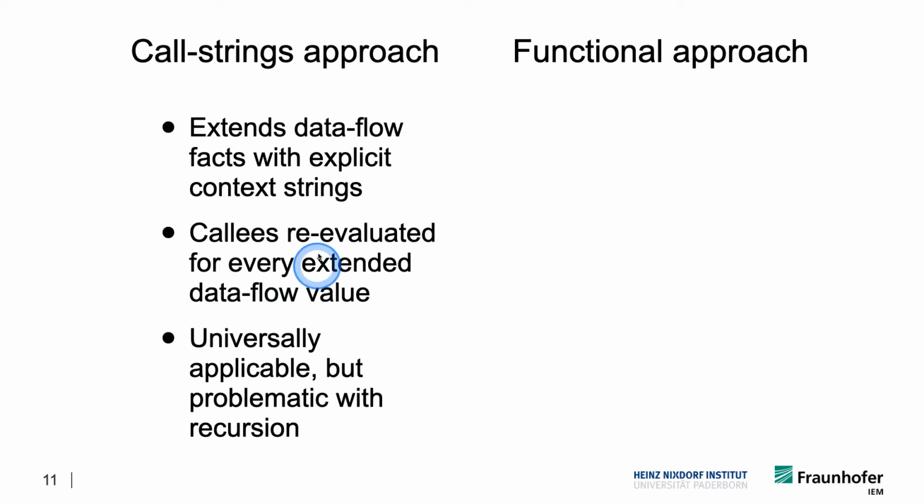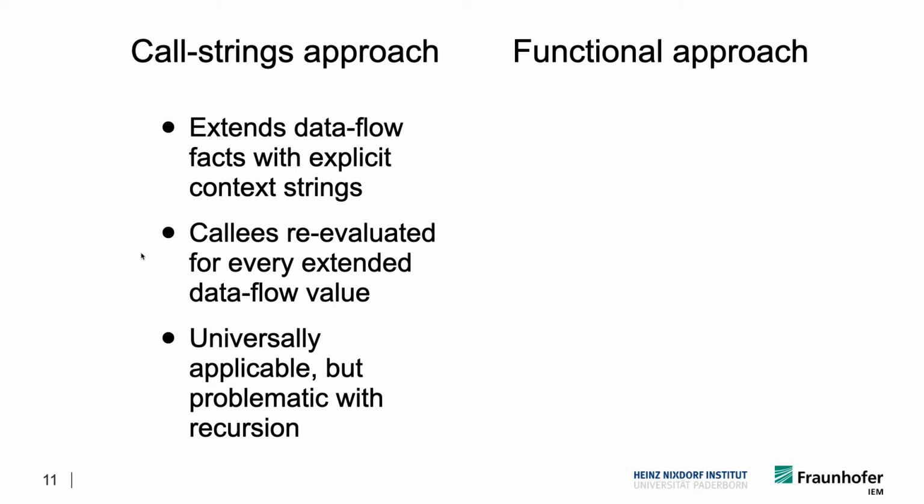Then callees, because of that representation, are re-evaluated for every such extended data flow value. So if you have different data flow values with different calling context strings, they are evaluated independently. That gives you context sensitivity, but it also has some drawbacks, as we will see later.